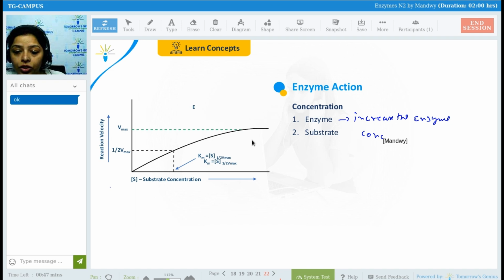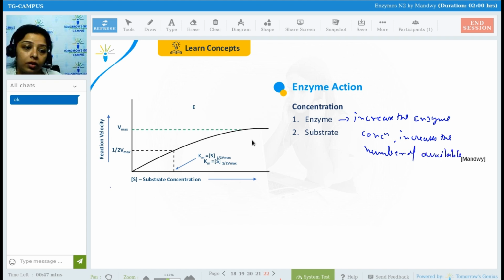Enzyme concentration increases the number of available active sites.